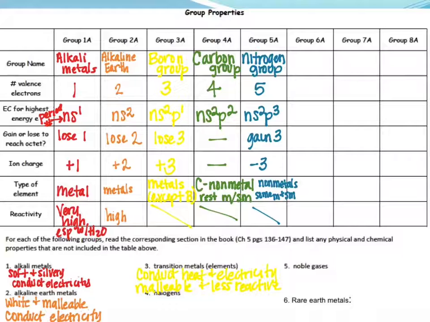6A, what do you think the 6A's name is? Oxygen group. How many valence electrons? 6. And what is its electron configuration? ns2p4. Gain or lose? How many? Gain 2, to get what type of charge? -2.